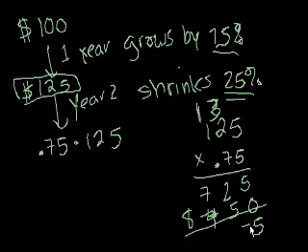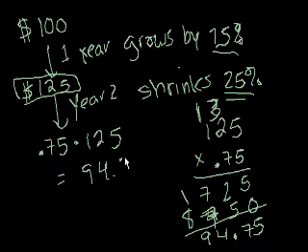So it's 5, 7, and then this is 7 actually. 14, 9. 94.75, right? 2 decimal points. 94.75.